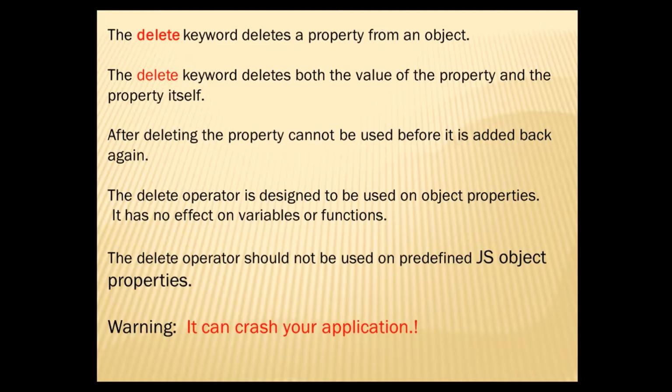The delete operator should not be used on predefined JavaScript object properties. Why? Because it can crash your application. Remember that. If you use the delete operator on predefined JavaScript objects, it will crash your application, and you don't want that, right? So don't do that.